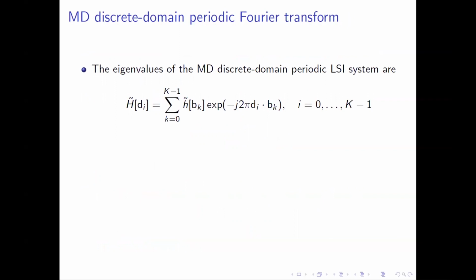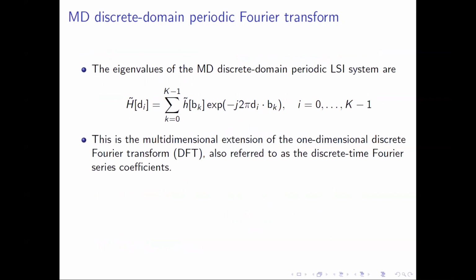The eigenvalues of the periodic LSI system are again given by a Fourier transform expression. The Fourier transform for multidimensional discrete domain periodic signals is the multidimensional extension of the one-dimensional discrete Fourier transform, DFT, and is also called the discrete time Fourier series.